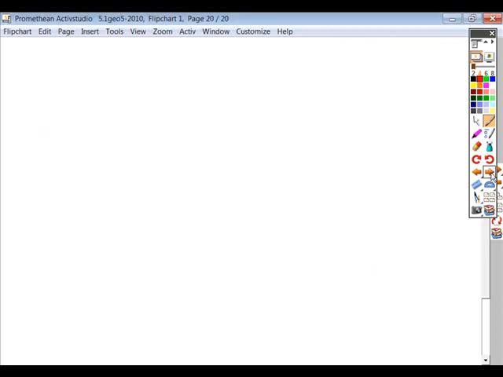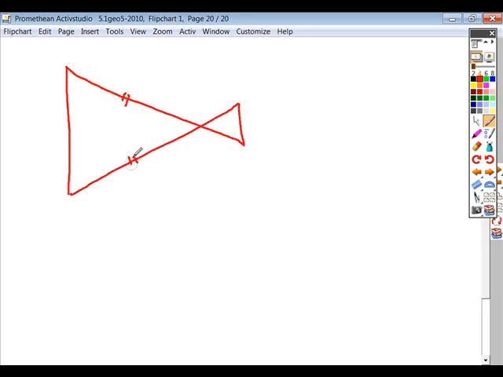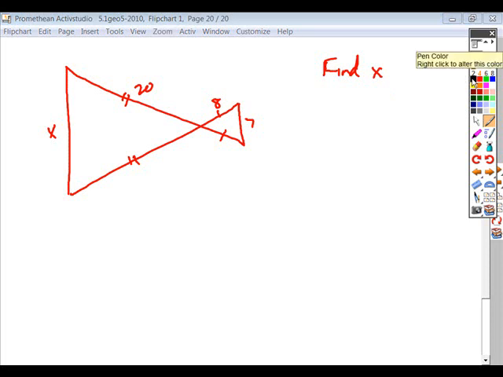Right, the last type that you will see, and again it'll show up on story problems, would be something kind of like this. All right, so let's say we have these intersecting pieces.